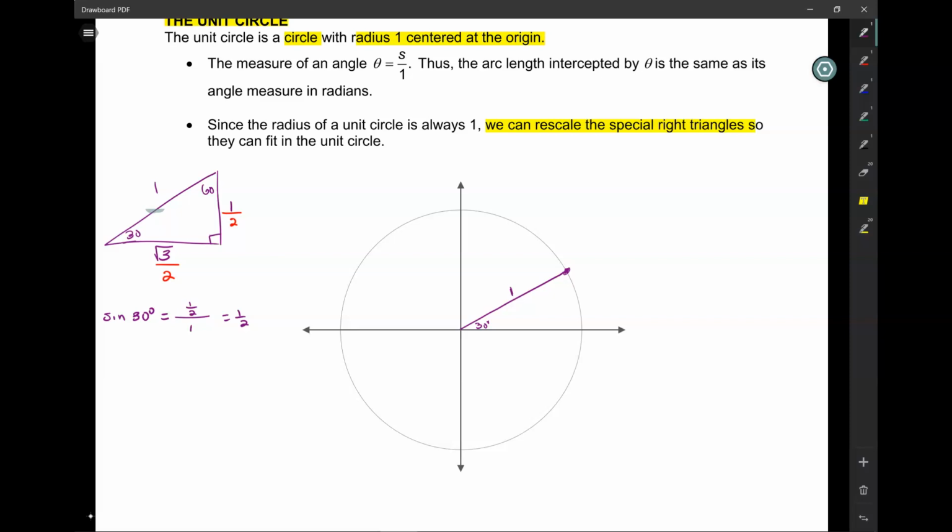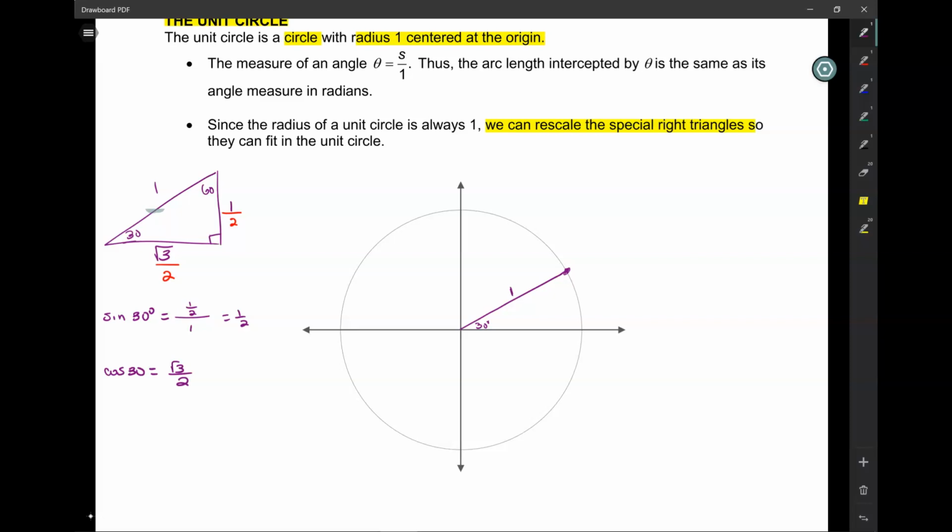So sine of 30 degrees might as well be just the opposite side. Now what's cosine of 30 degrees? Root 3 over 2. No more having to divide by 1. It's just the adjacent side.